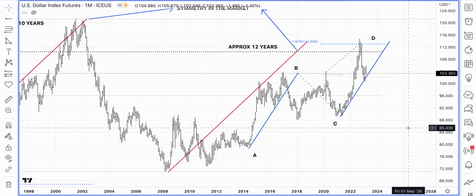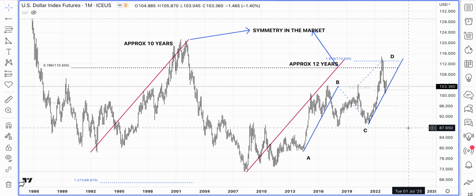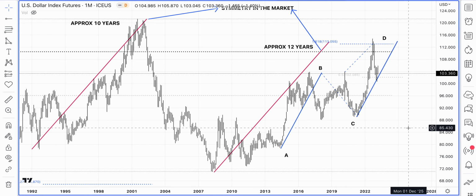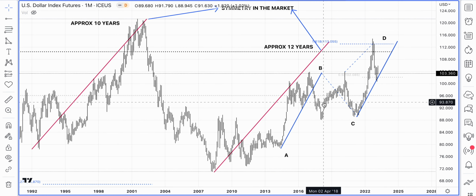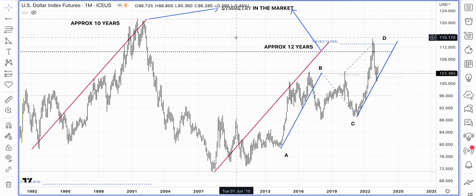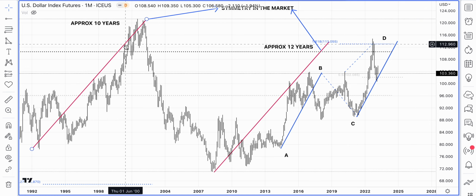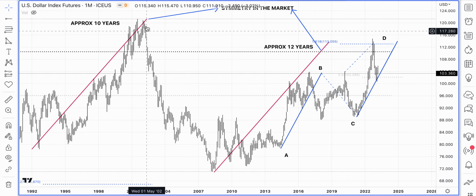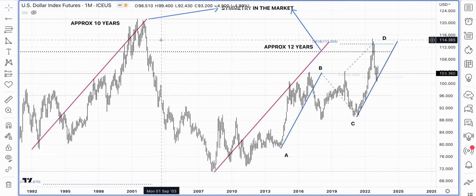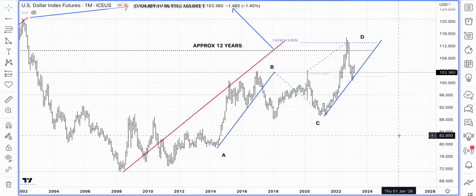However, it doesn't mean we cannot have rallies in the US dollar. In fact, we can have some really strong, vicious rallies to the upside, because that's usually what happens in a bear market. Look what happened around here in the late 1990s and beginning of 2000.